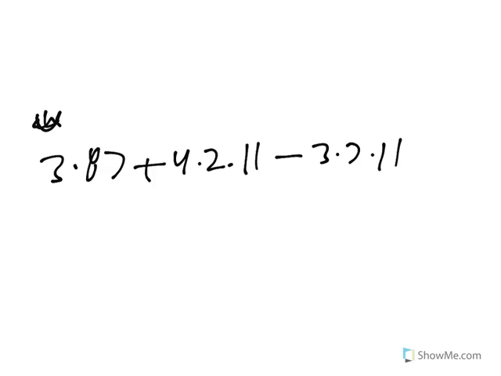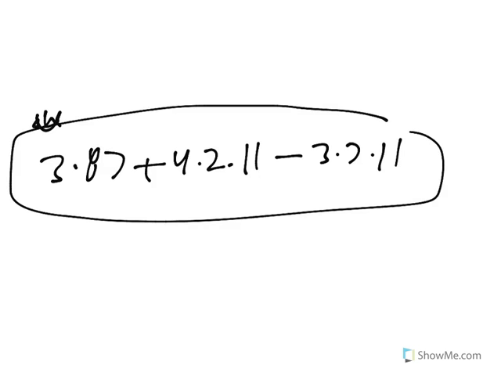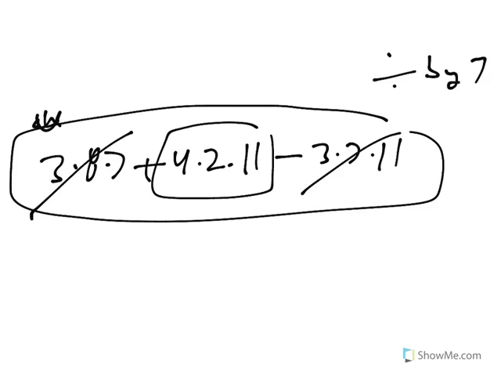If I look at this expression and I divide it by 7, this term and this term are not going to contribute to the remainder. Only this term will. But since 2 times 11 is remainder 1 when I divide by 7, and I throw the 4 in there, I end up with remainder 4 when I divide by 7.